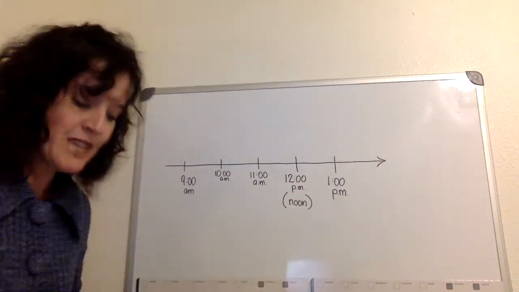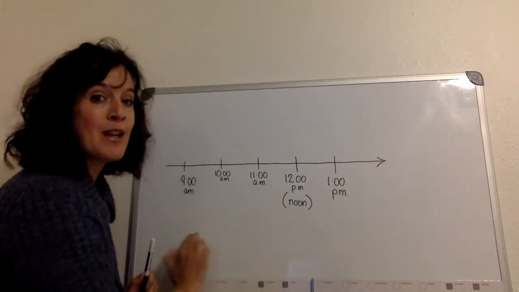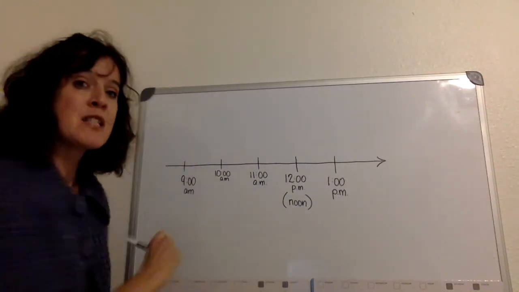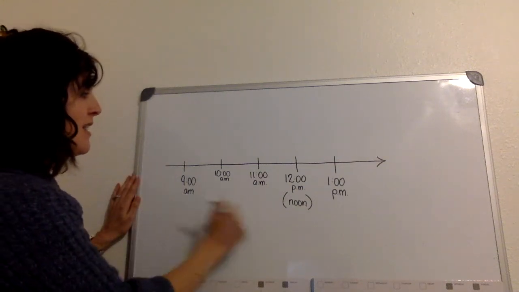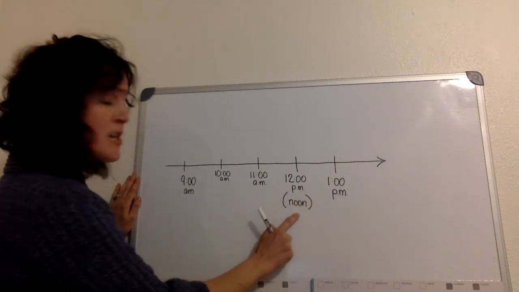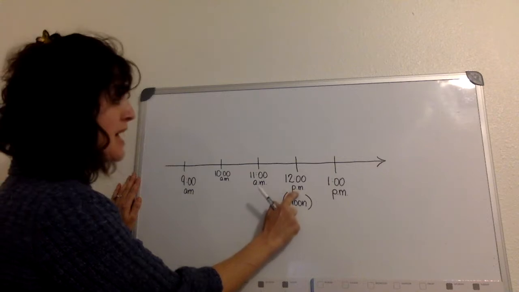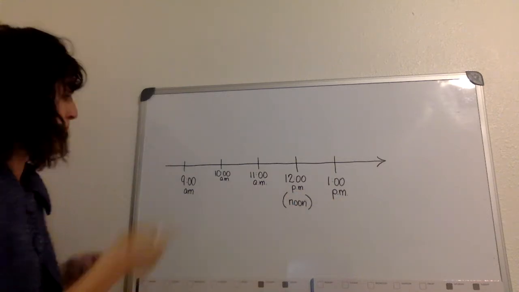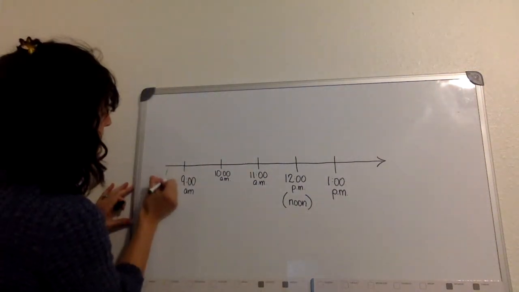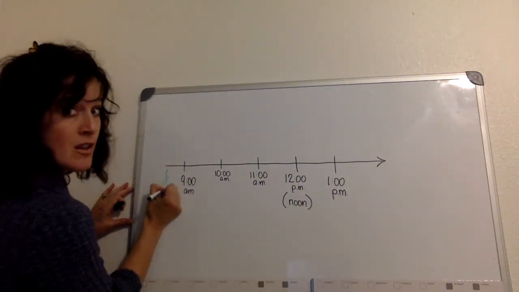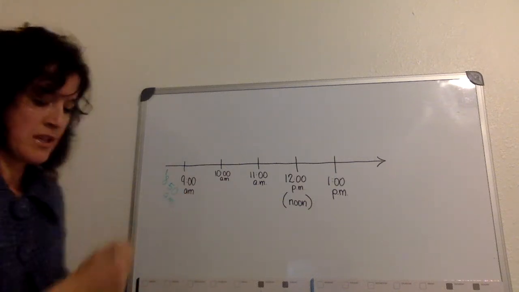All right, so let's turn this into a little timeline right up here. Using our number line, this is probably how you'll solve most of your problems. So you've got 9 o'clock, 10 o'clock, 11, 12, that's where it turns to noon, and that's where it also turns to PM. And then you have 1 o'clock PM. Your problem started at 8:50 AM.